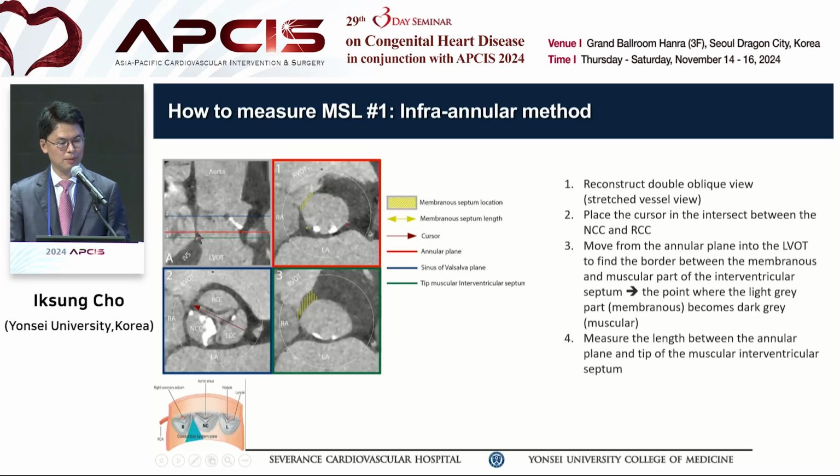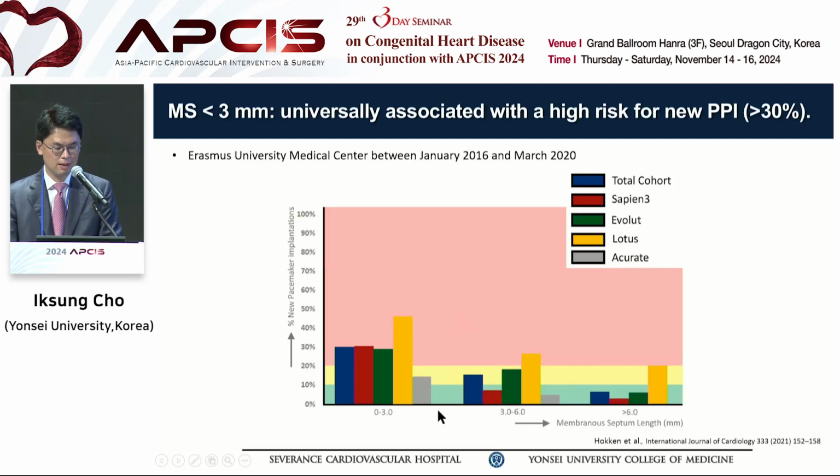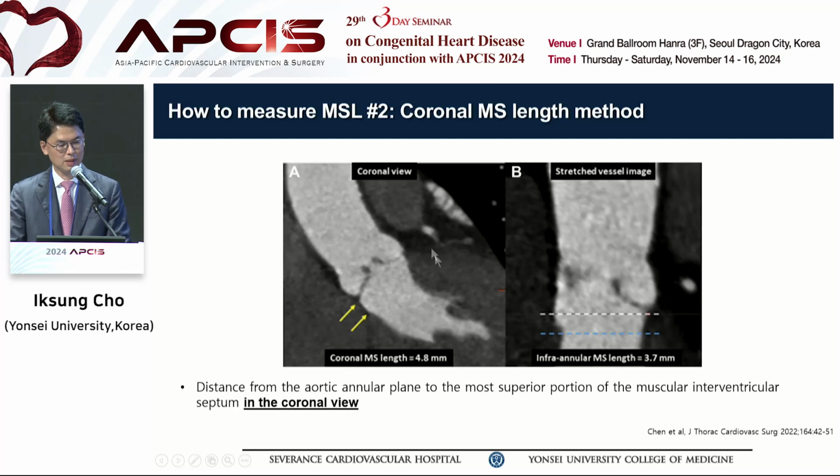We measure the depth, the length of the membranous septum using cardiac CT, and if it's less than 3 millimeters, there will be a higher risk of pacemaker implantation. If more than 6 millimeters, there will be much less risk of pacemaker implantation.